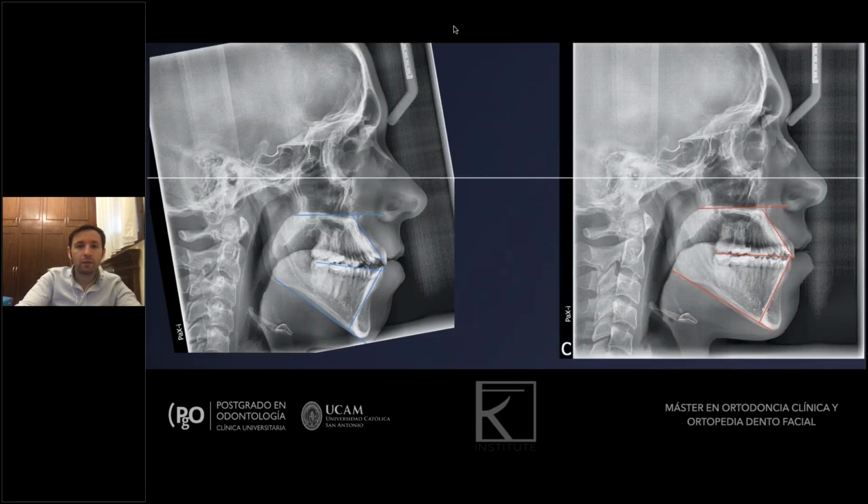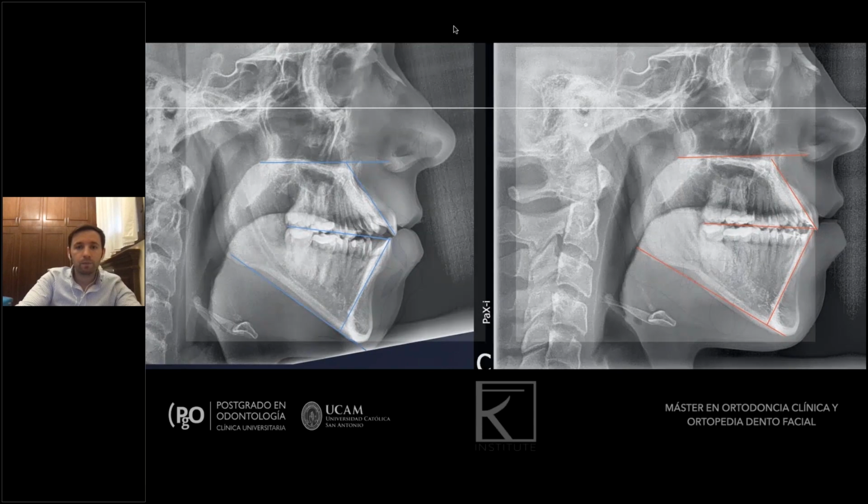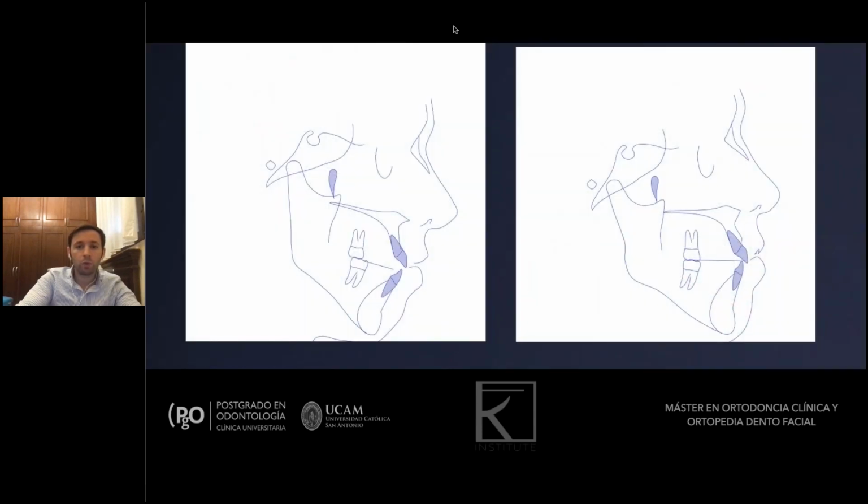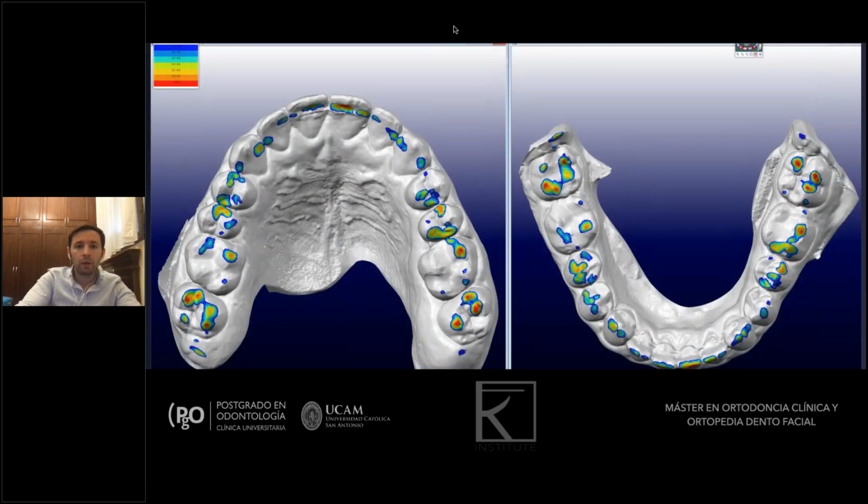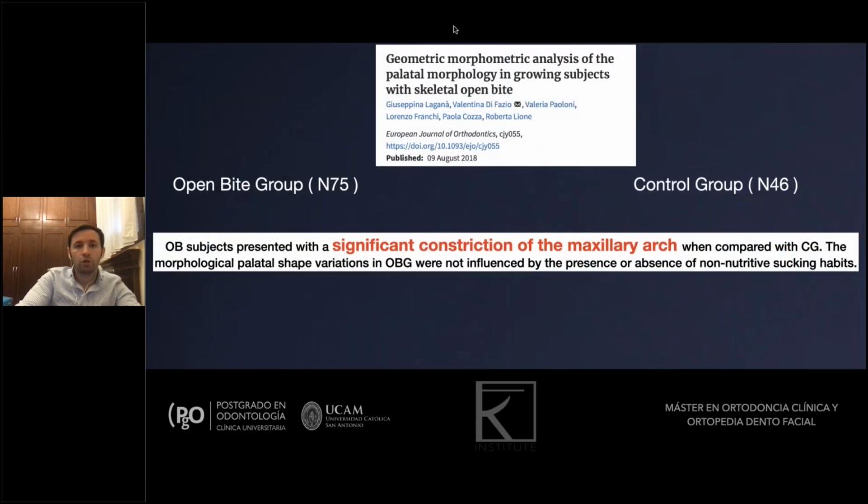When we see the cephalometrics, we can compare. We changed the occlusal plane. When we see the intraoral scan, here we can see that there are contacts in all the teeth. So remember what Frankel and the McNamara research group say, that open bite subjects present with a significant constriction of the maxillary arch.